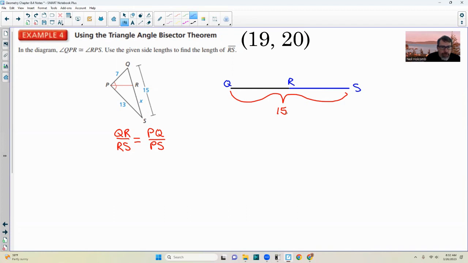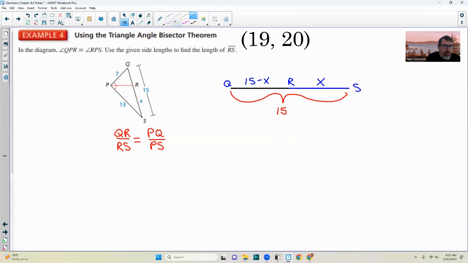I know the whole thing is 15. I don't know QR, but RS is X. Well, in order to find QR, I take the total and I subtract the other piece. So QR is 15 minus X. So if this was 5, 15 minus 5 is 10, and 10 plus 5 is 15. Got it? Okay, so that's how we're going to do this.